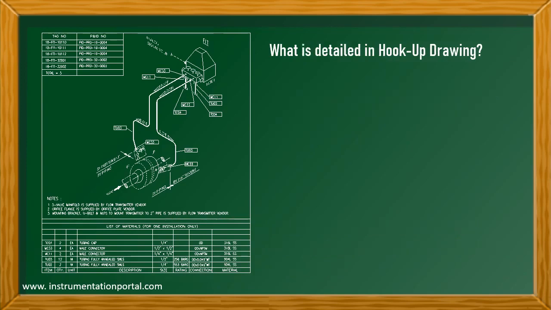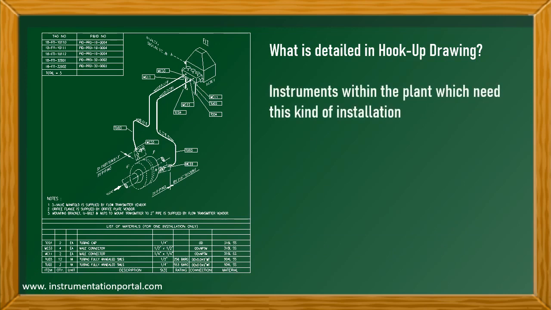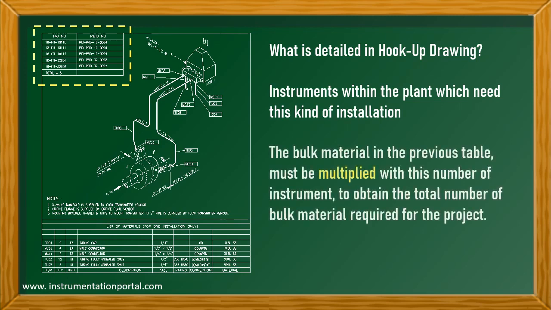Next is to specify instruments within the plant which need this kind of installation. Like in this drawing, it is shown that there are 5 transmitters which will have this typical installation. Hence, the bulk material in the previous table must be multiplied by this number of instruments to obtain the total number of bulk material required for the project.